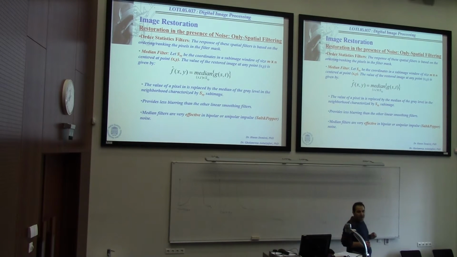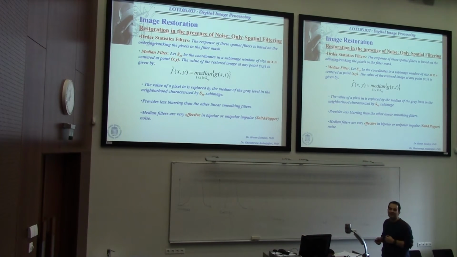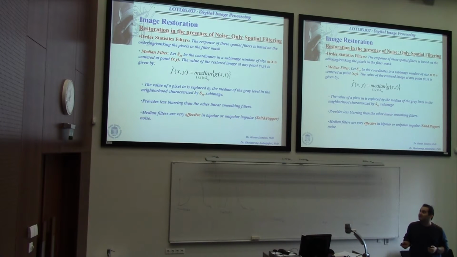Another category of filters that we can use for noise reduction in the image is order statistics filters, similar to the previous mean filter category. It consists of three types of filter.